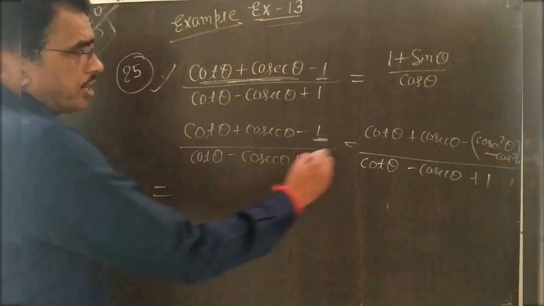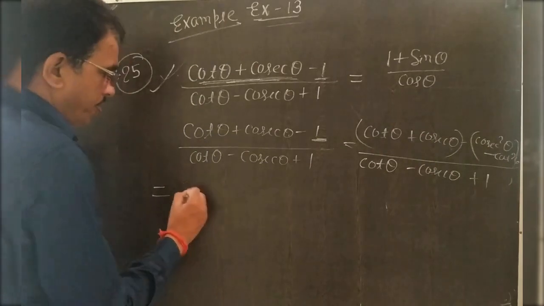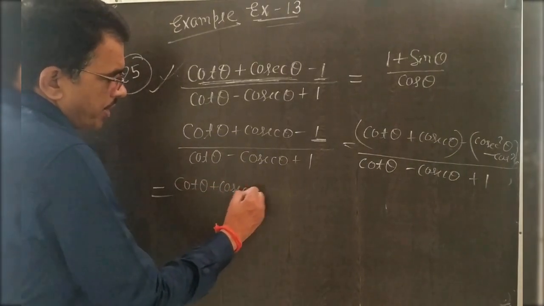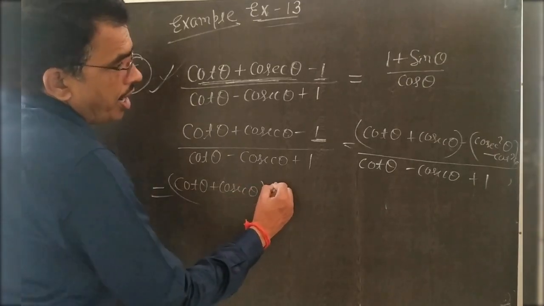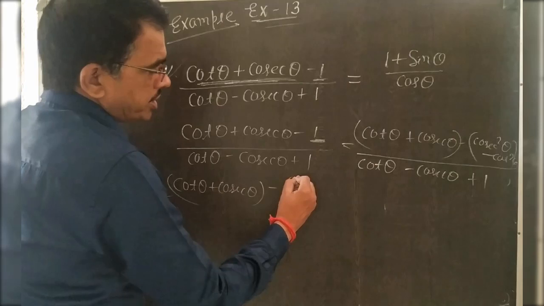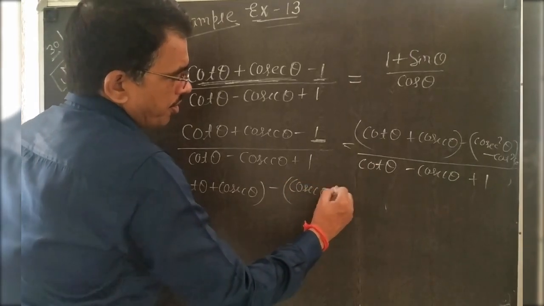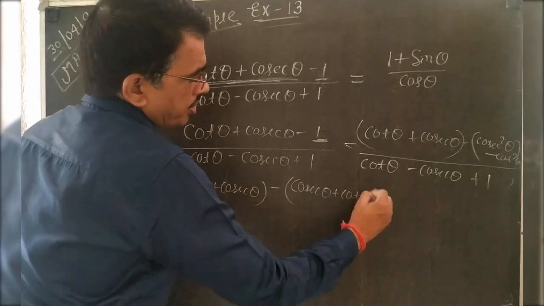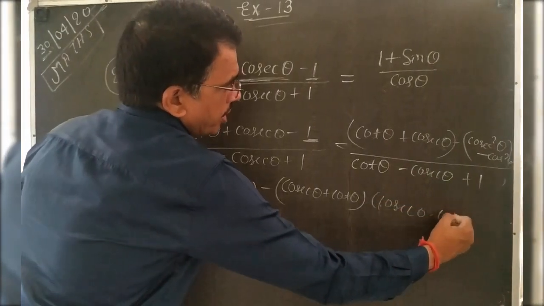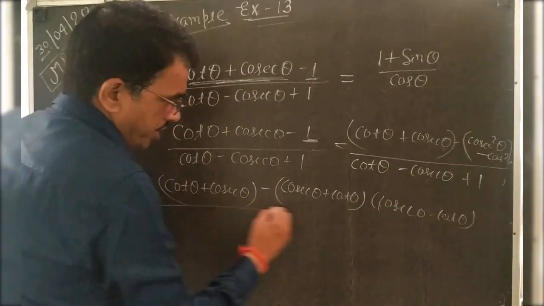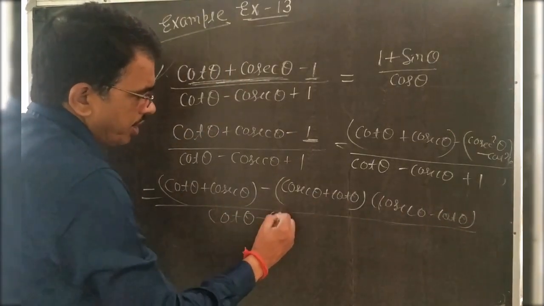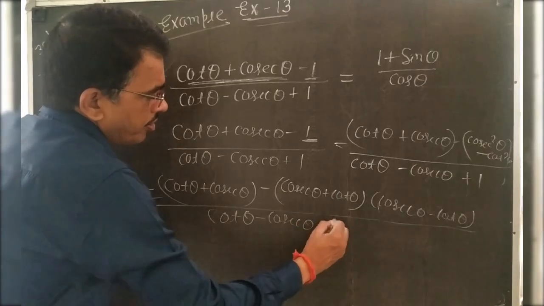After that, here is cot theta plus cosec theta, cot theta plus cosec theta, and minus, so I write minus, and this is cosec theta plus cot theta into cosec theta minus cot theta. And the denominator is the same, cot theta minus cosec theta plus 1.